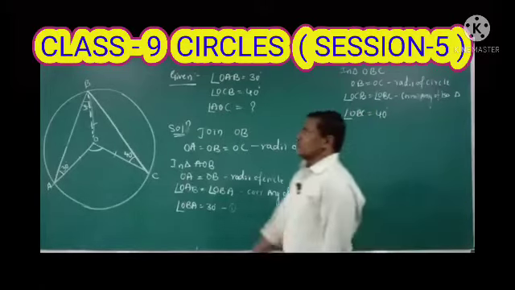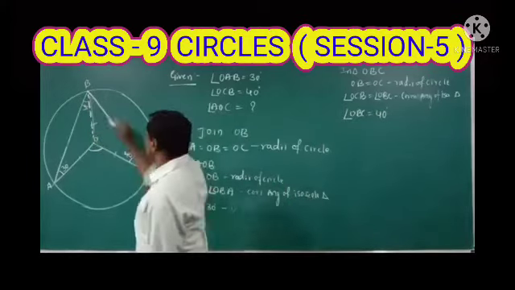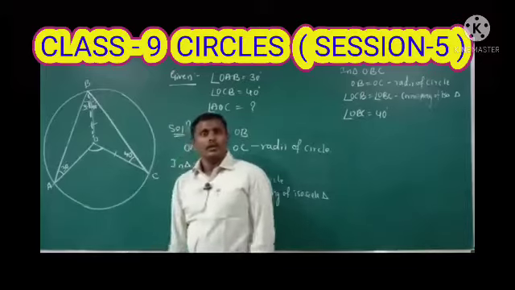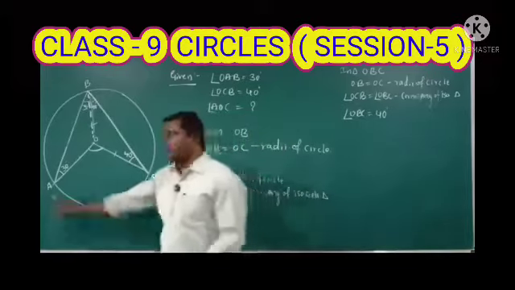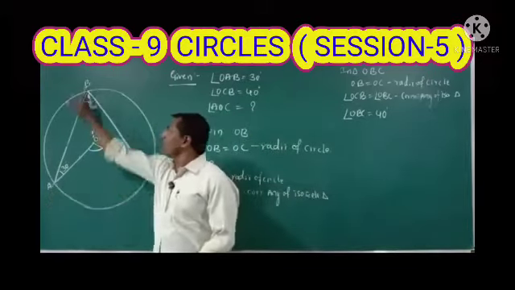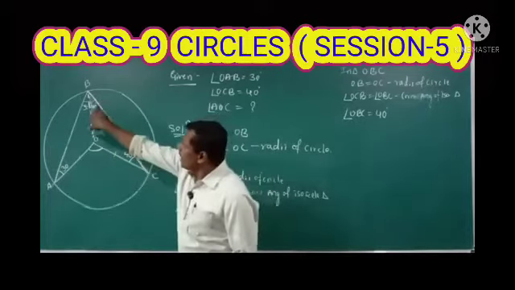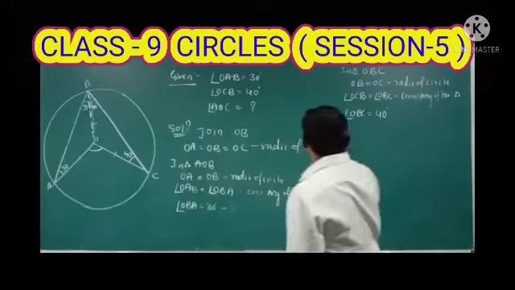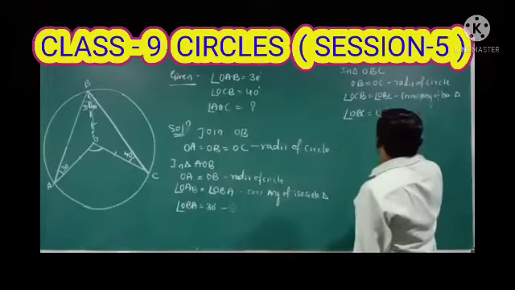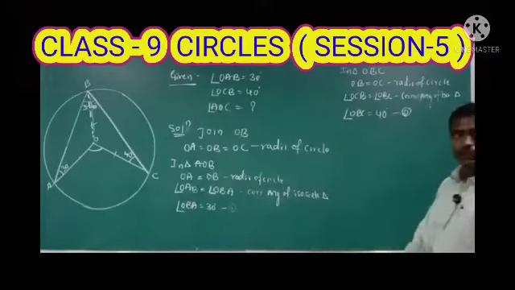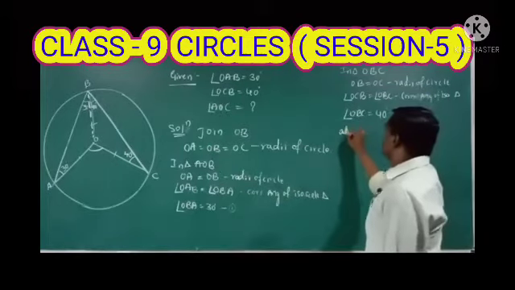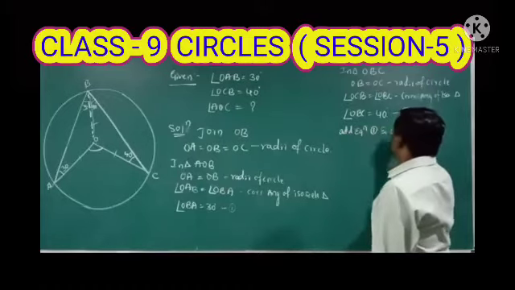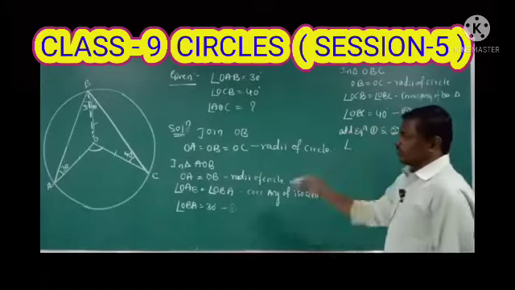Angle OBC is equal to, this angle becomes 40 degree. Now how can you find the total angle ABC? By adding these two angles we will get one complete angle, right? So first calculate this one, consider it as equation 2. Add equation 1 and 2.